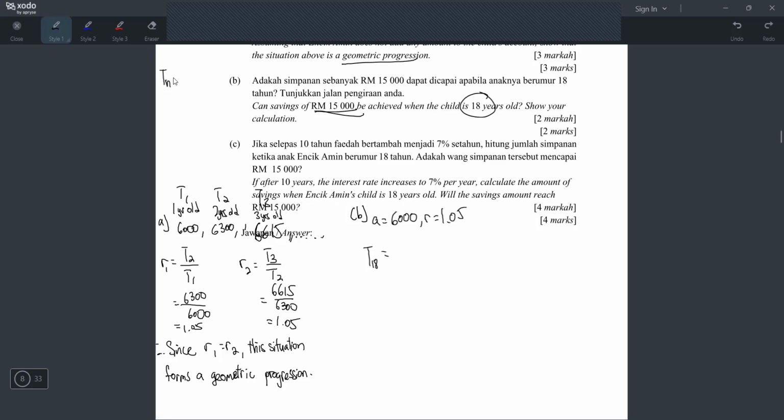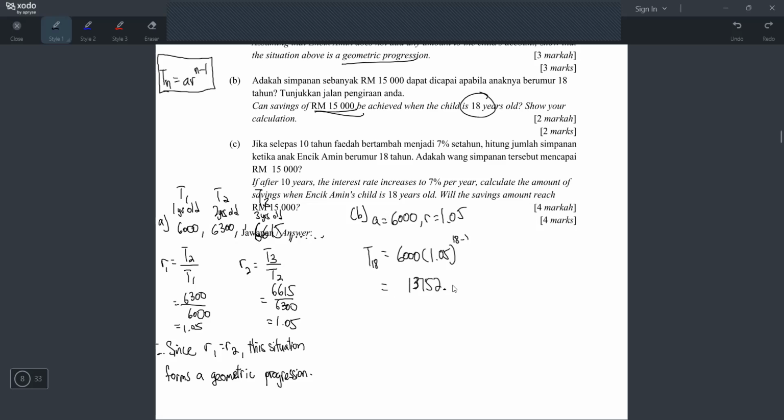And the formula I will use here is the Tn formula, which is AR to the power n minus 1. This formula is the one we learned in this chapter under geometric progression. So the A will be 6,000 times R, which is 1.05, to the power n minus 1, which is 18 minus 1, which is 17. So now I'll press 1.05 to the power 17, and then times 6,000. If you pressed along with me, you will get 13,752.